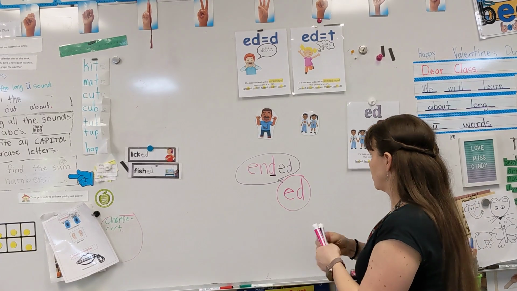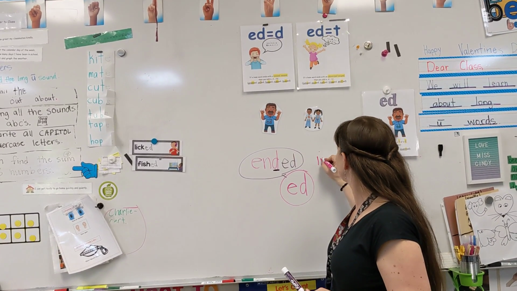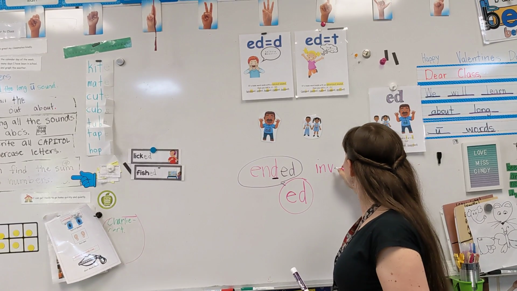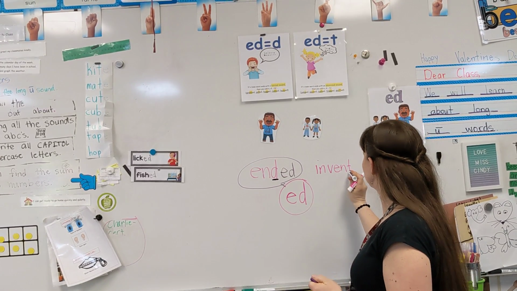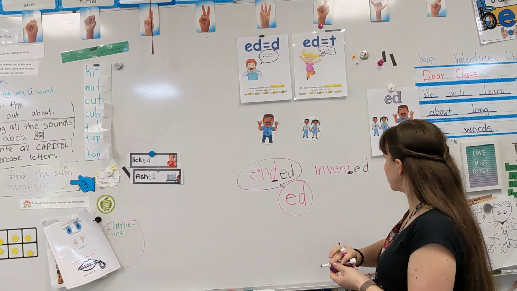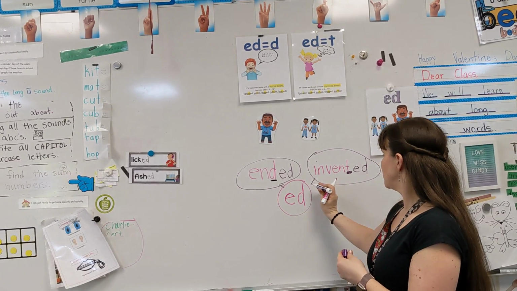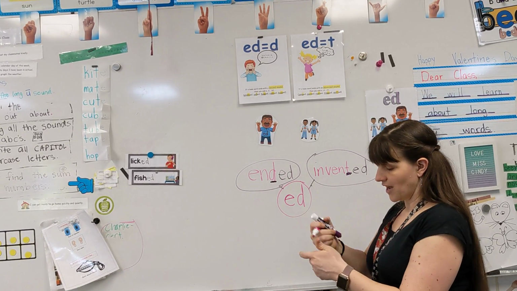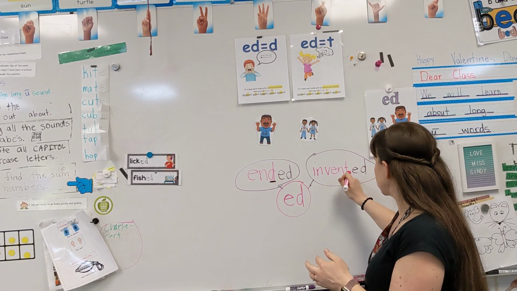Here's another word that ends with a T. Invent. That's a chunky monkey word, right? Well, look, it ends with a T. So when we add ED, we're going to say ed. Invent, ed.